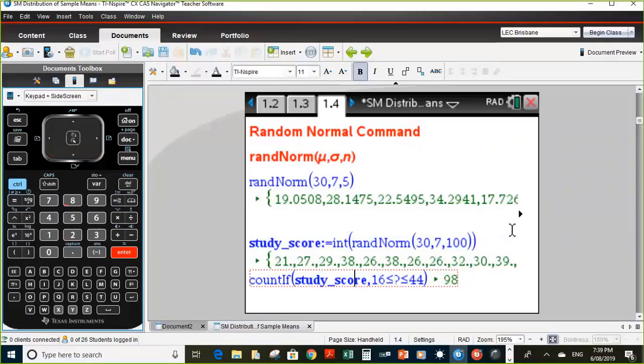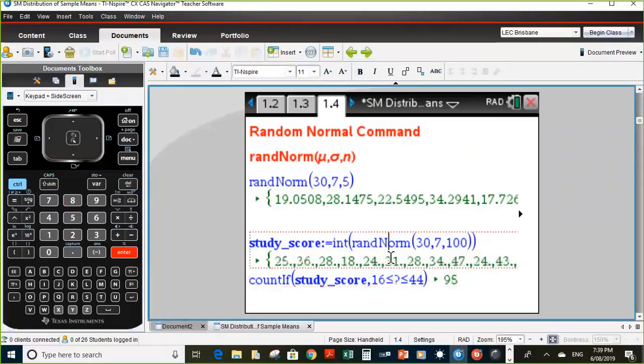If you press enter, so what I will do there is press enter here. And therefore, in this instance, you get 95 of the values, 96 of the values, 97 of the values, 93 of the values.